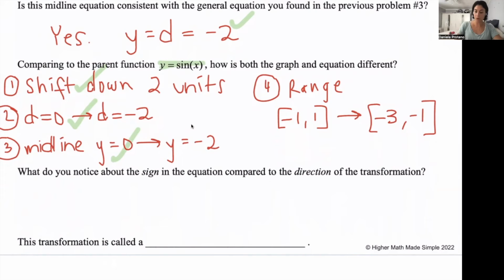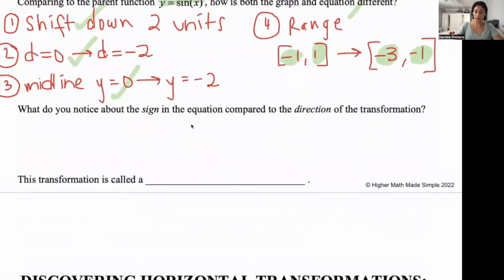Last but not least, the range was between -1 and 1 for the parent function. Now it is between -3 and -1, which we can see from the graph. And similarly, from geometry class when you learn translation, you could take the two end values: -1 minus 2 gives us -3, and then +1, that other end value, if we subtract 2, we also get -1. So everything definitely checks out.